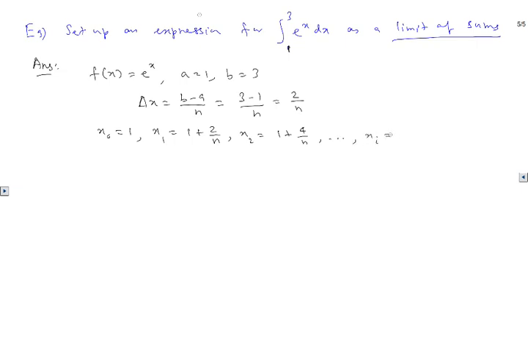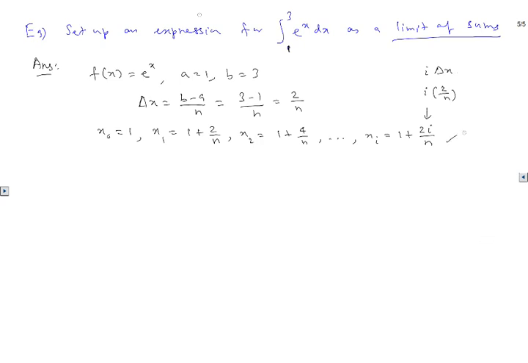What is xi? 1 plus i many 2 over n gaps. So you can say 2i over n. This is simply i times 2 over n, i times delta x. So we have everything we need.